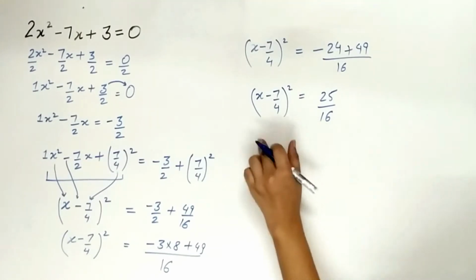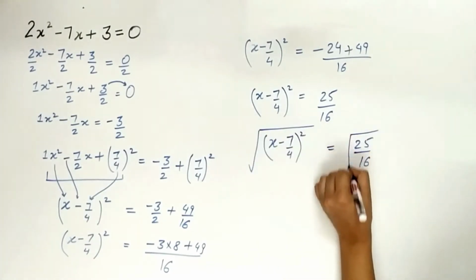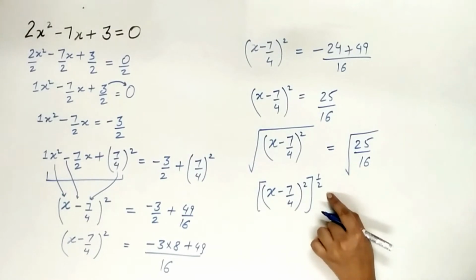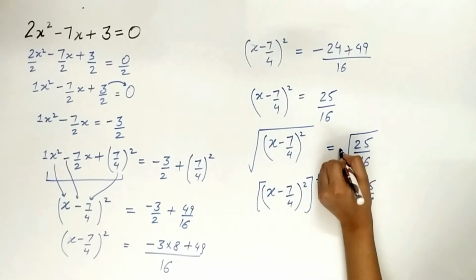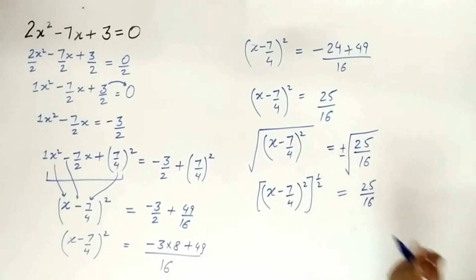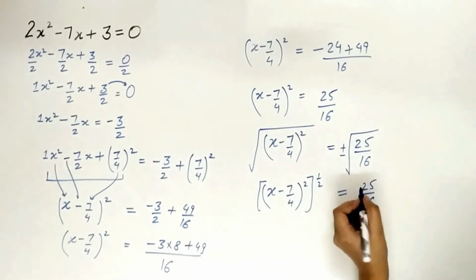Now square root both sides of equation. That's our step number 6. Square root can also be expressed as 1 by 2. Do not forget to add plus and minus sign because a quadratic equation always has two roots.